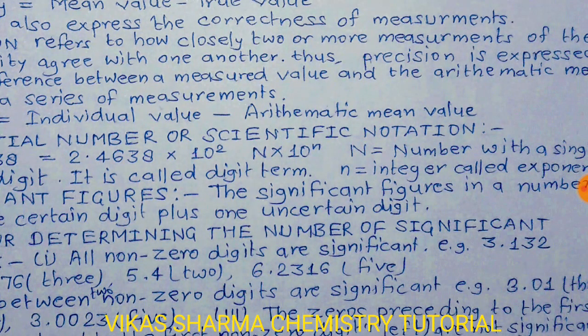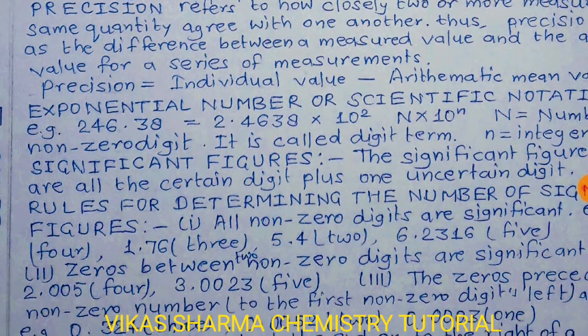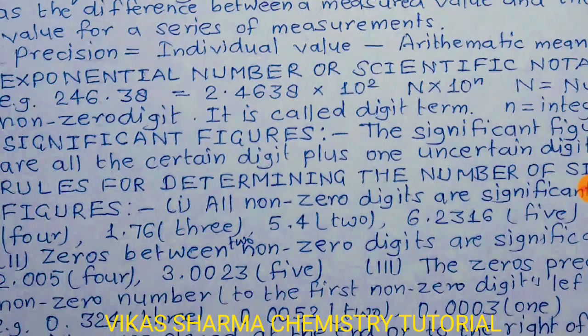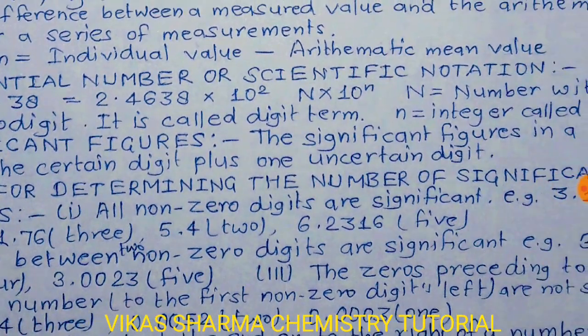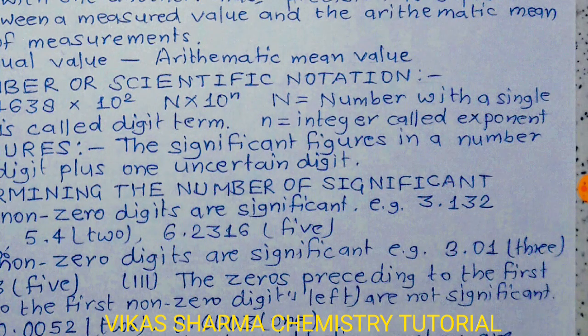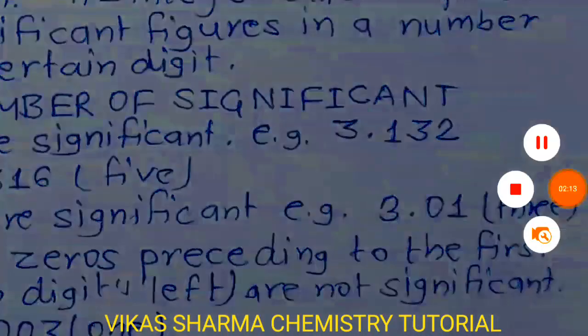Example 3.132. So the significant figures are 4. Rule number 2 is zeros between two non-zero digits are significant. Example 3.01. So the significant figures are 3.